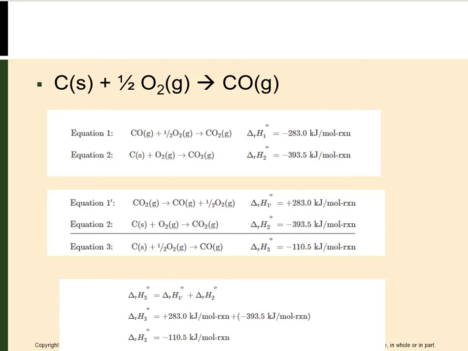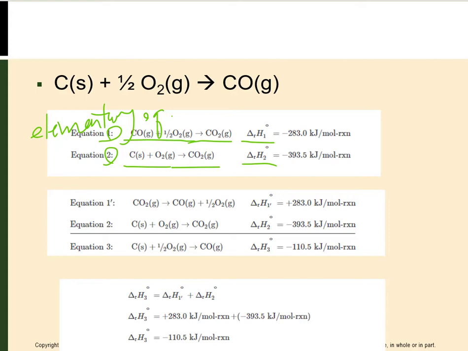We're going to call these elementary equation 1 and elementary equation 2. We can see that carbon monoxide plus half of an oxygen gives me carbon dioxide, and I know the delta H for that. We also know that carbon plus O2 gives us CO2, and we know the delta H of this.